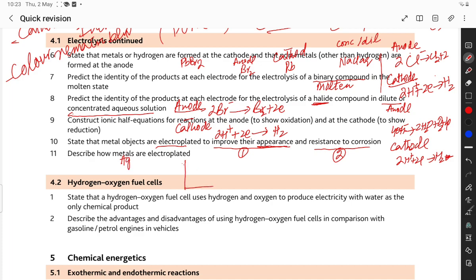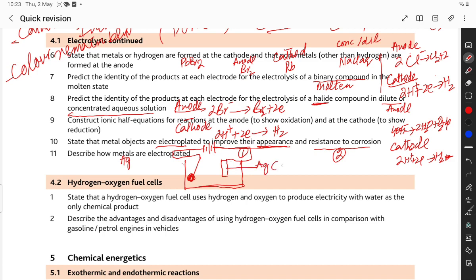this is the object, this is the rod, this is the object, this is the cathode, and this is the anode of silver rod.